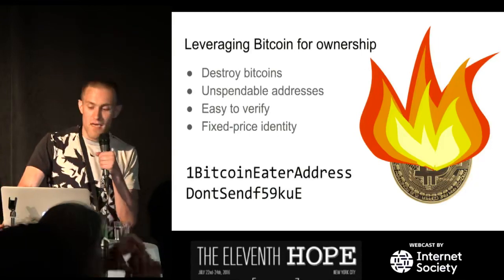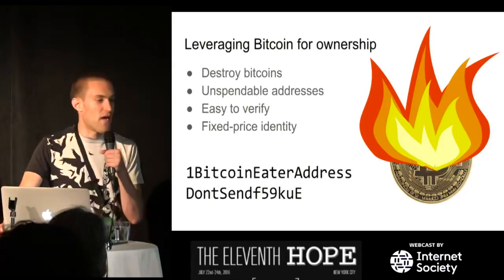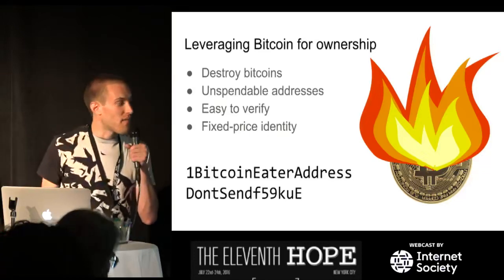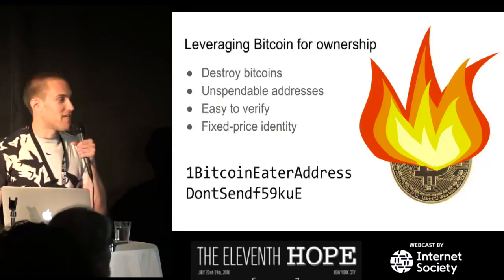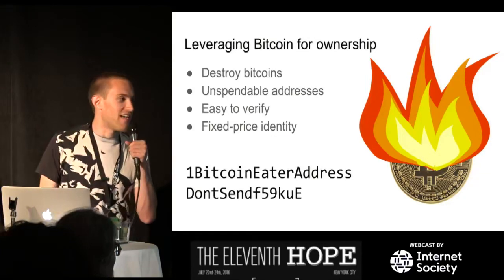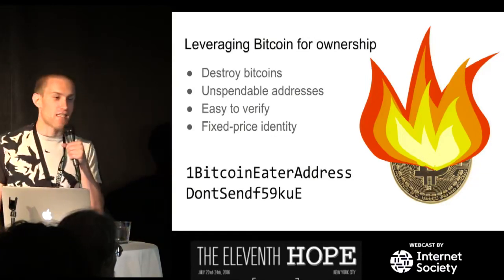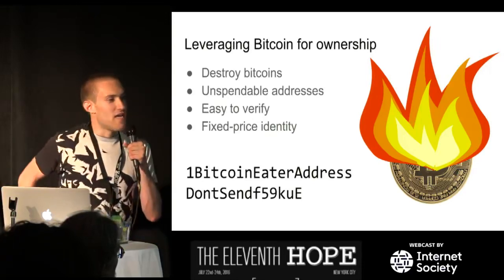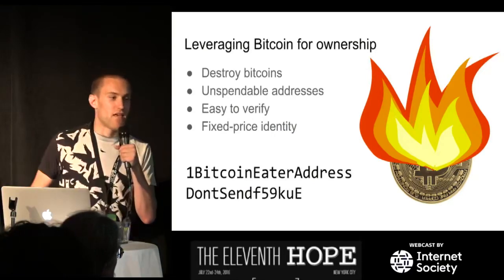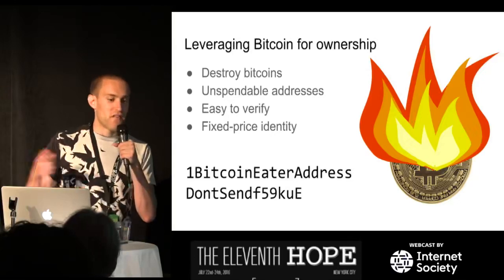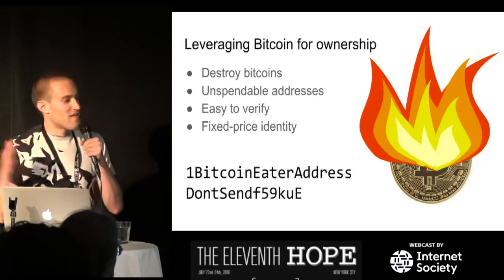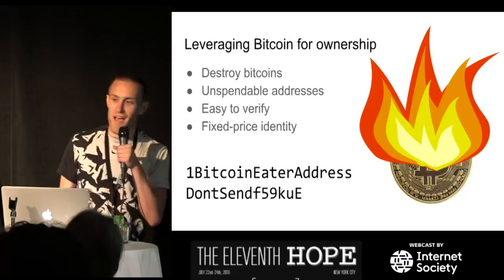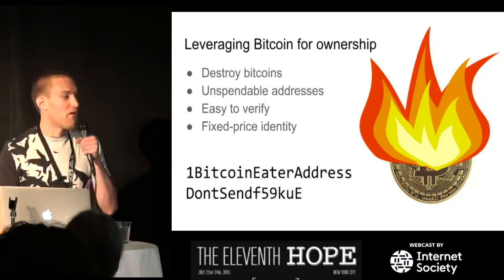So there's something called unspendable addresses. I've got one of the most famous unspendable addresses at the bottom. It's the 1BitcoinEater address, and this actually has a couple of thousand dollars in it right now. And the interesting thing here is money can go in, but it can never leave. So those 3 Bitcoins that are in there are now destroyed forever. And it's easy to make your own unspendable address.